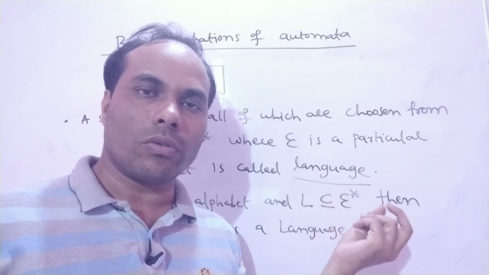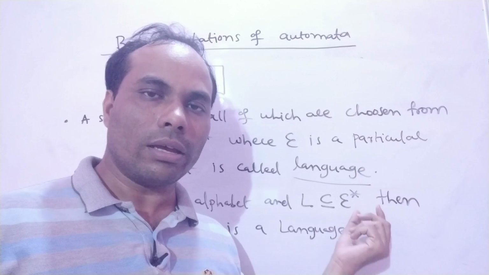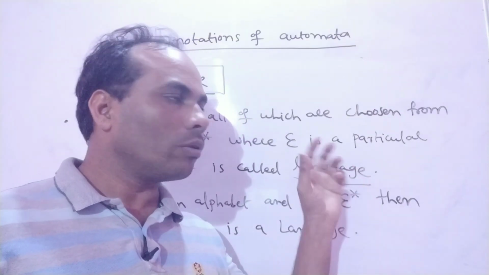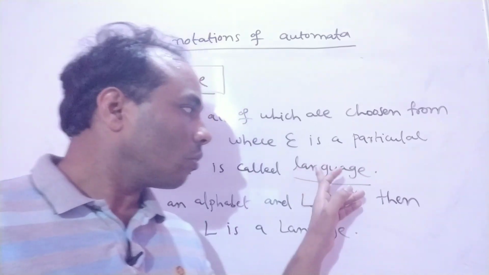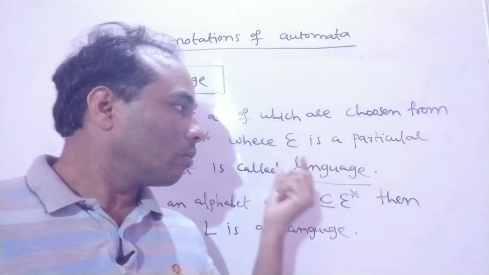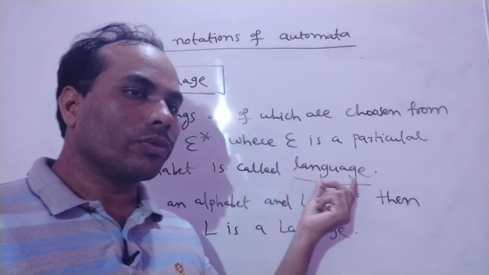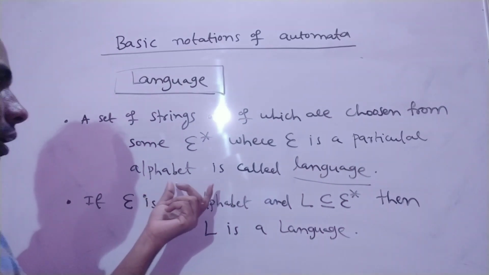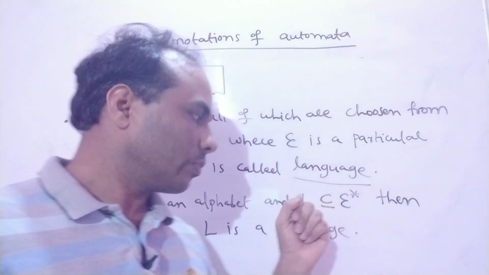It may be either 0, 1 or A, B, anything, whatever the input alphabet you are taking. From that alphabet you are able to generate all possible sequences of strings. So all those strings are defined from the sigma star. You are calling this particular representation, all those sets of strings, a language.